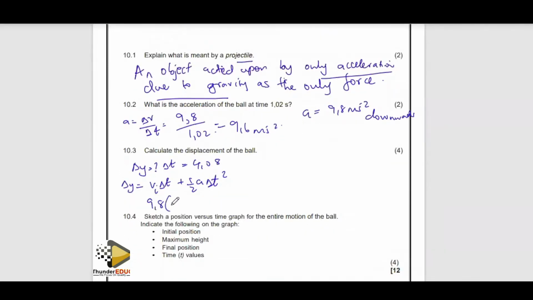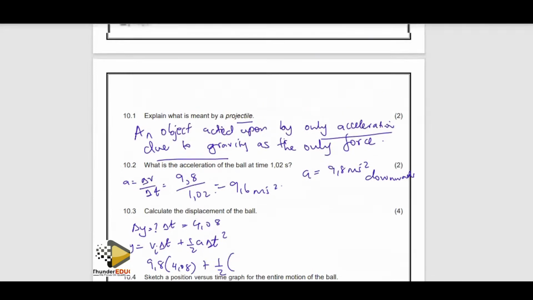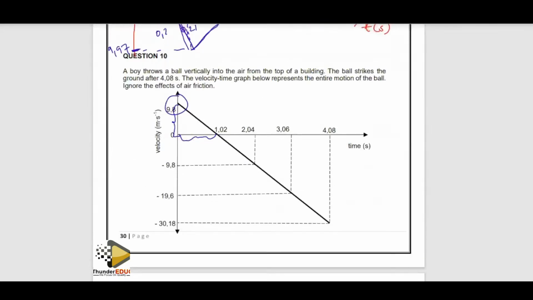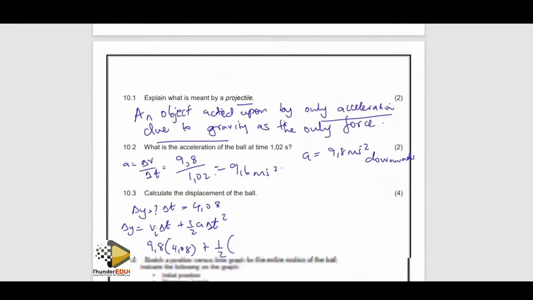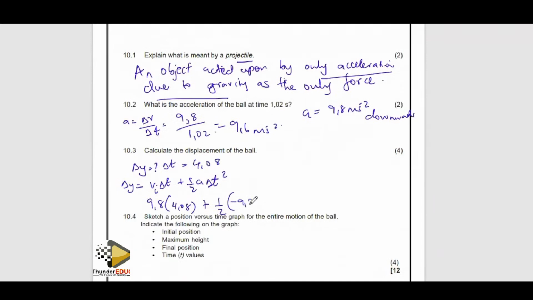So that's 9.8, and then the time that we're focusing on is 4.08, plus a half. What is happening is the object is thrown from the top, so I'm going to take it to be negative. And then the time is still 4.08 squared.